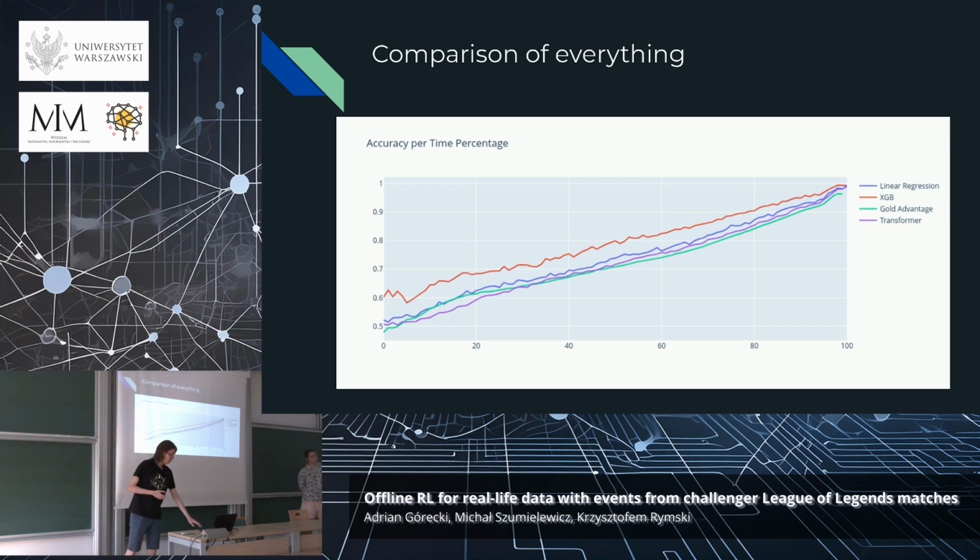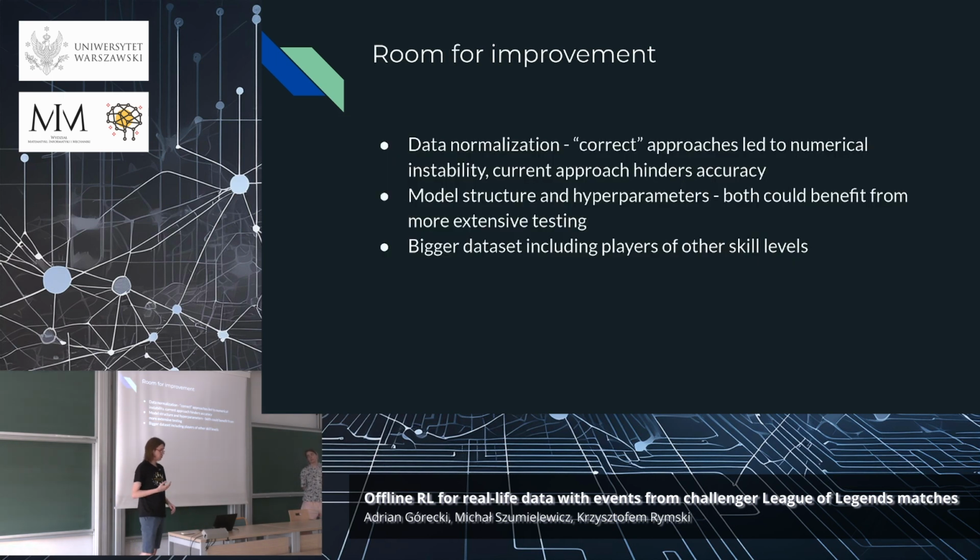The biggest problem was data normalization. With the data we had, we had to normalize it so that it would not explode our gradients and completely destroy the training process.